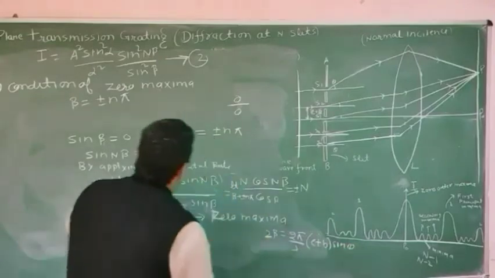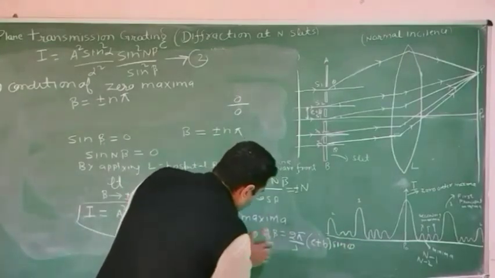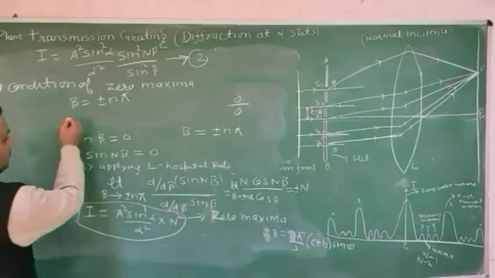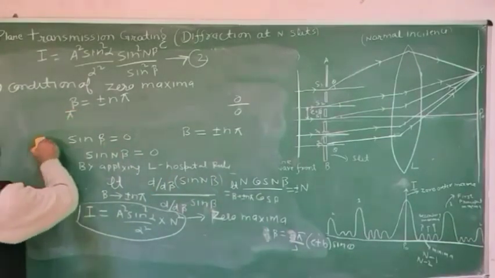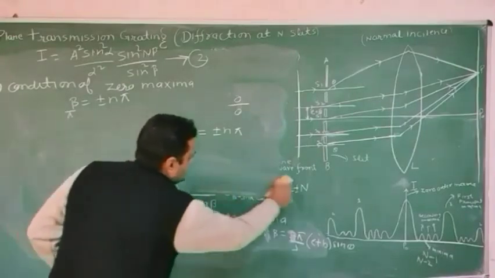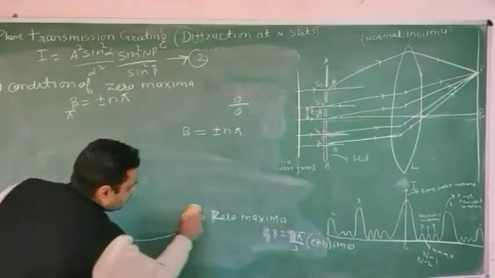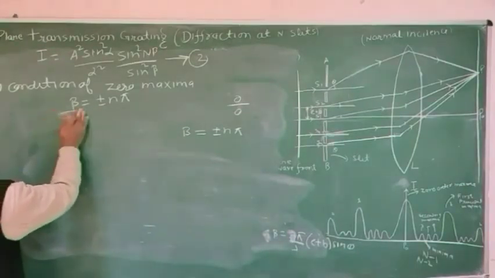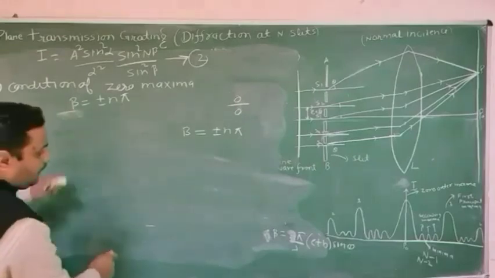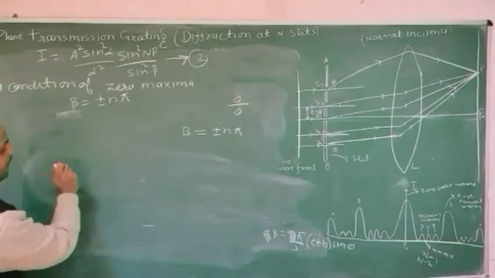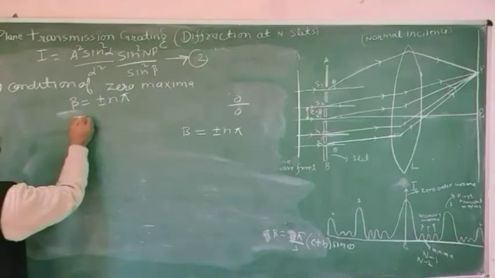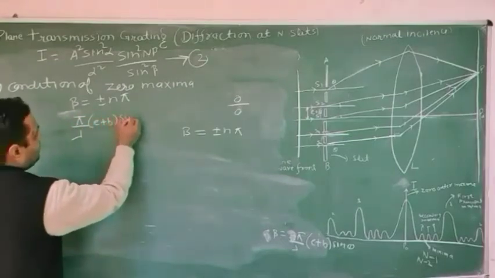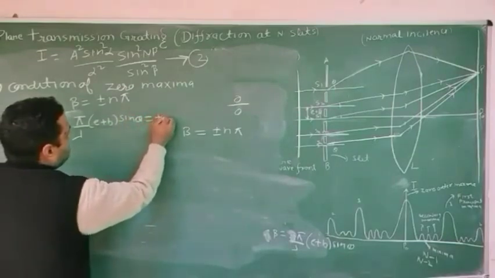So beta is pi upon lambda times (e plus b) sin theta. So we have calculated the position of the maxima here. Beta is equal to plus minus n pi, so pi upon lambda times (e plus b) sin theta is equal to plus minus n pi.